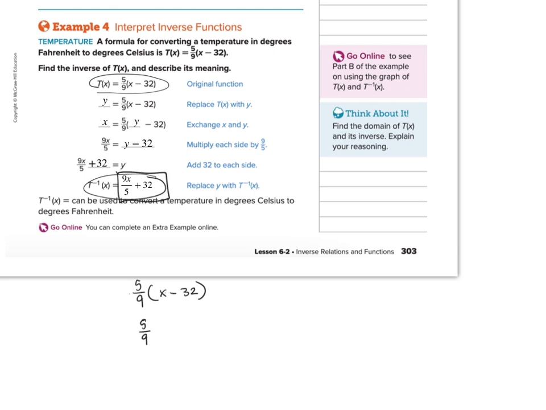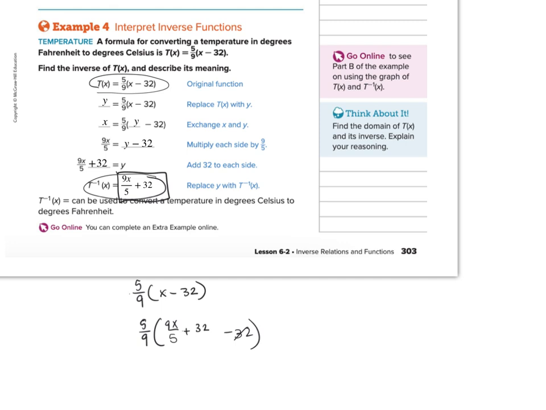So 5 over 9 times, this is a humdinger, 9x over 5 plus 32, minus 32, right? Had to fix that. So I replaced my x value with this entire inverse, and then I still have my minus 32.